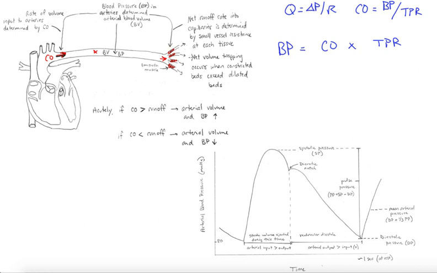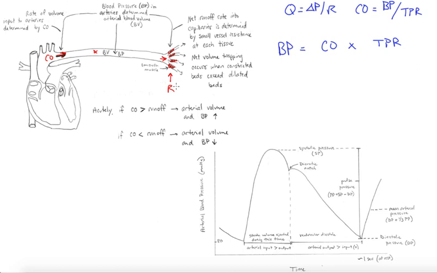I like to call that runoff. So the output rate is our runoff rate, and that can be adjusted by adjusting the resistance of that vascular smooth muscle.